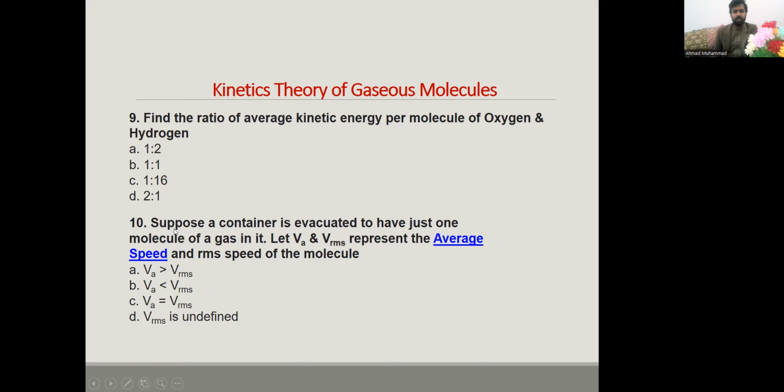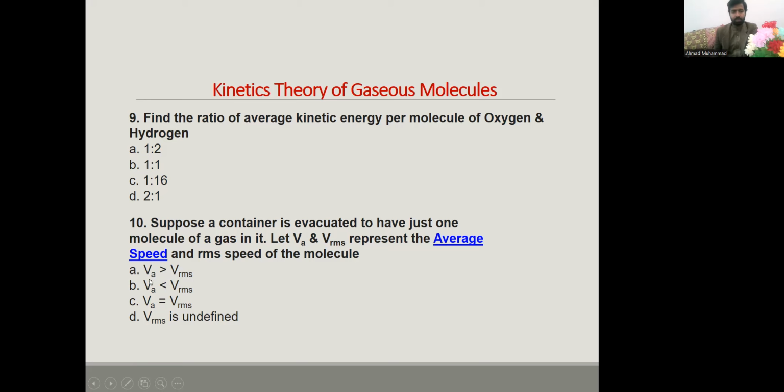The 10th question is about a container. Suppose a container is evacuated to have just one molecule of a gas in it. Let V_A and V_RMS represent the average speed and RMS speed of the molecule. V_A is the average velocity of a molecule, and V_RMS is the root mean square velocity.